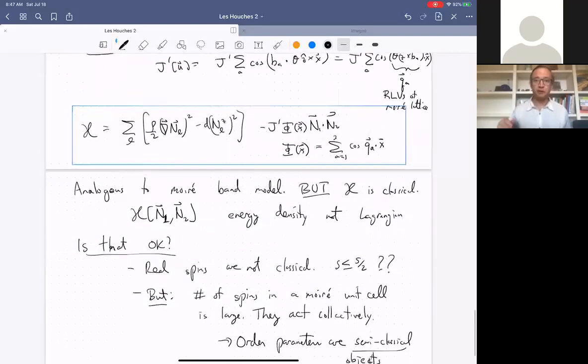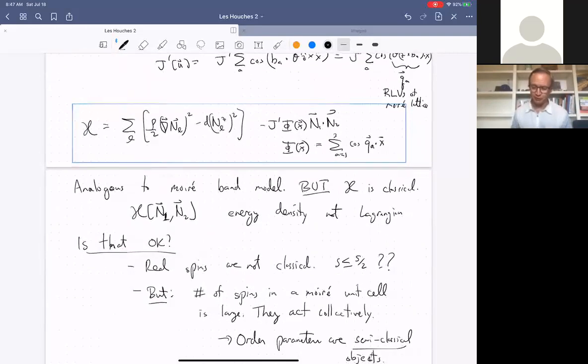So if we look back at our Hamiltonian here, this Hamiltonian density, you can see that there are actually two dimensionless constants defined here. Why is that?